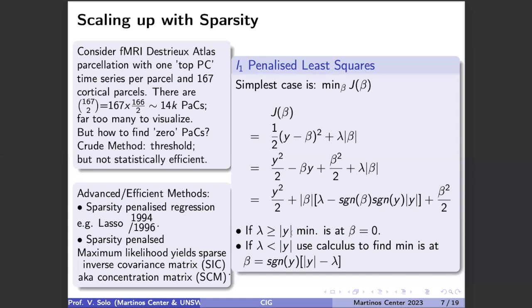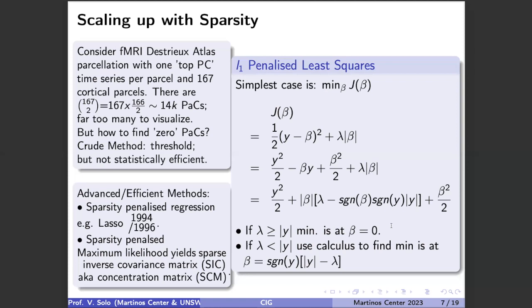That being the case, it's obvious looking at this expression that it can be minimized by setting beta to 0. This is the really interesting thing, because what it tells you is, if your absolute data value, absolute y, is less than lambda, then the minimum is at beta equals 0. So you exactly zero out the coefficient.